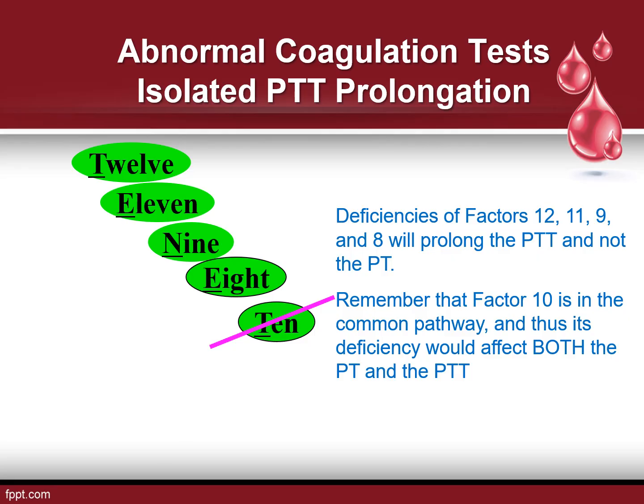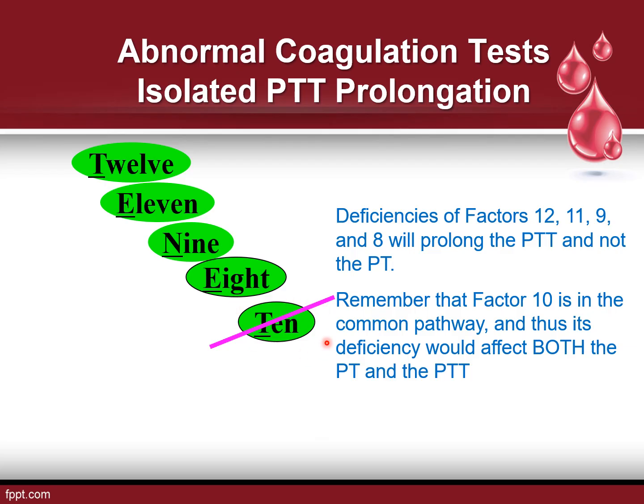Deficiencies of factors 12, 11, 9, 8 will prolong the PTT and not the PT. Remember that factor 10 is in the common pathway, and thus its deficiency would affect both PT and PTT.